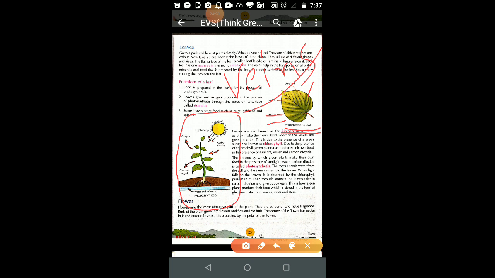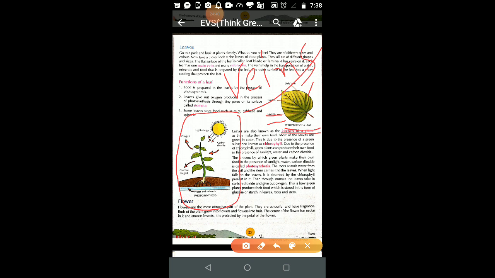food is prepared by the leaves, and plants can make their own food. In which part, which I have already explained you, is the food prepared? The food is prepared in the leaves. That is the reason it is also known as the kitchen of a plant. How is this possible?